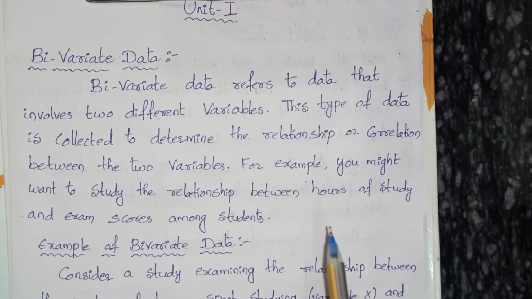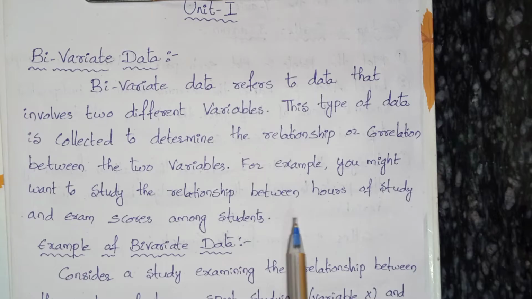Another example: the more questions we practice, the more marks we get. Or, as the number of sleeping hours increases, our health condition improves. Like that you can take any example, but it should be only two variables.